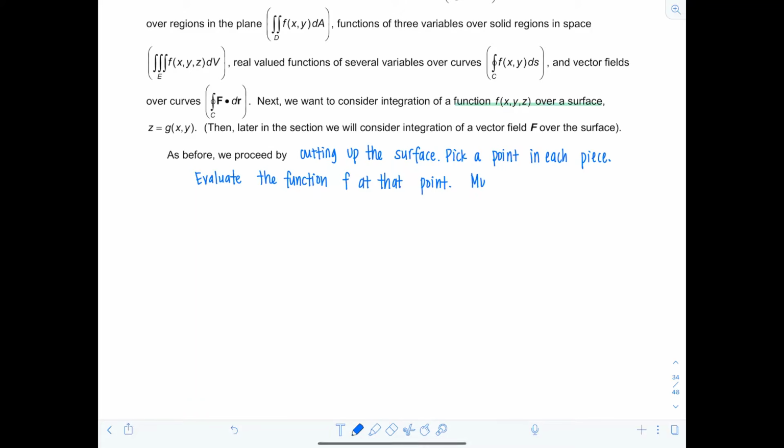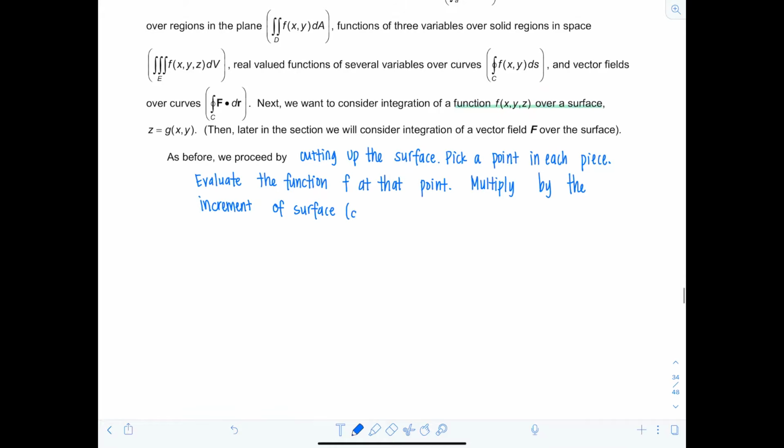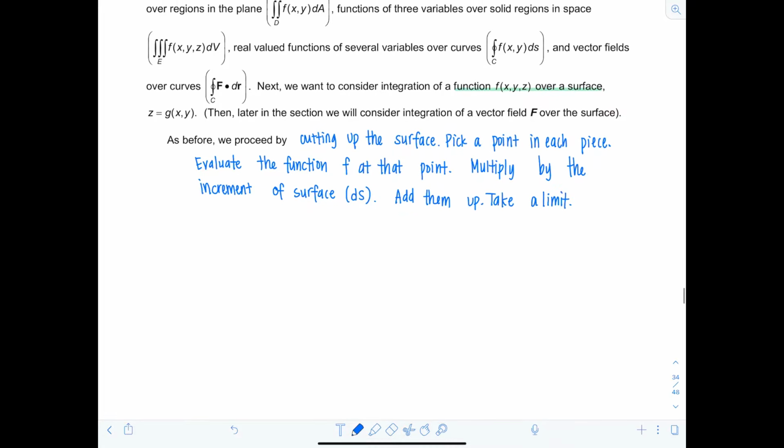You multiply that function value by the increment of surface. Your little increment of surface is ds. Then you add them up. Take a limit.